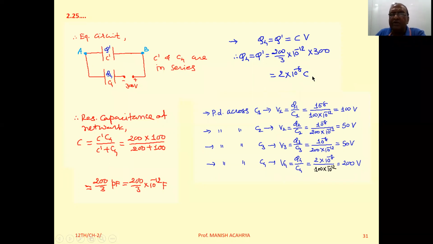Q4 is 2 into 10 raised to minus 8 upon C4. C4 is 100 picofarad, so 100 into 10 raised to minus 12 farad. Solve this one, you will get the answer 200 volt. So now the problem is completed.